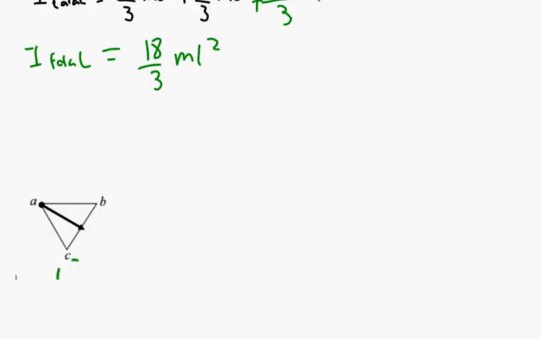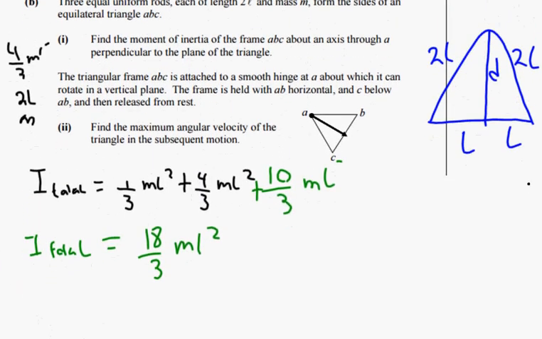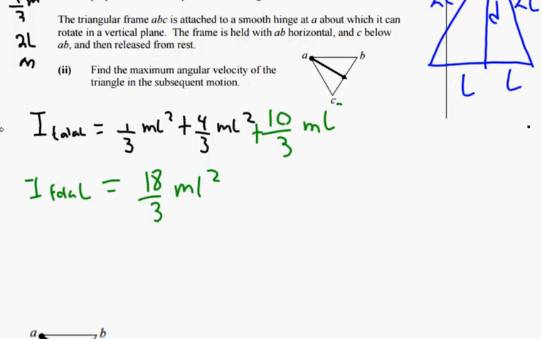So we're going to go back to the very top: the triangular frame ABC attached to a smooth hinge at A about which it can rotate in a vertical plane. Same as part A. The frame is held with AB horizontal and C below AB, so it's held as shown in the diagram. Agreed? And then released from rest. Find the maximum angular velocity of the triangle in the subsequent motion.